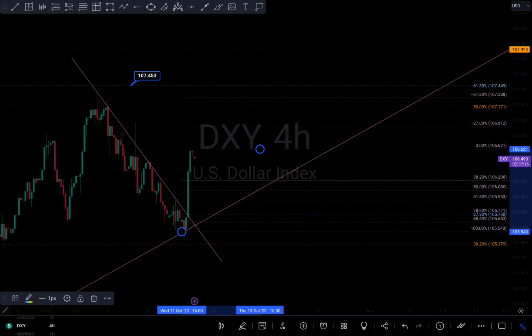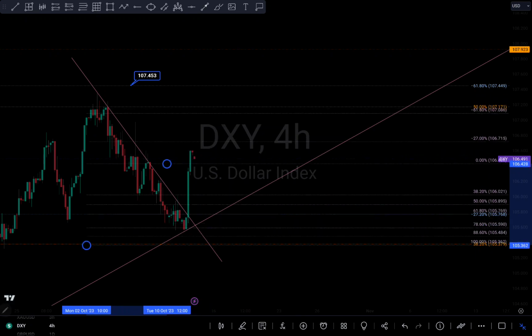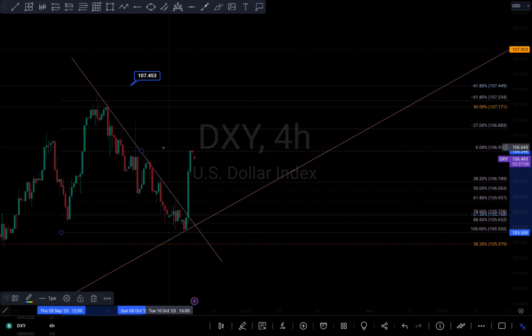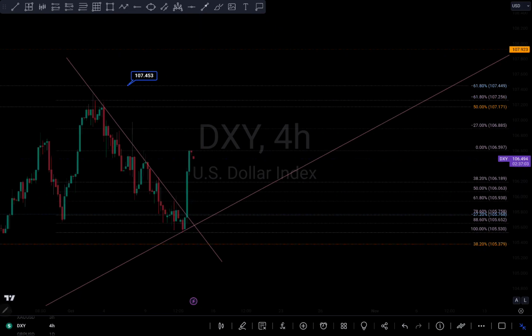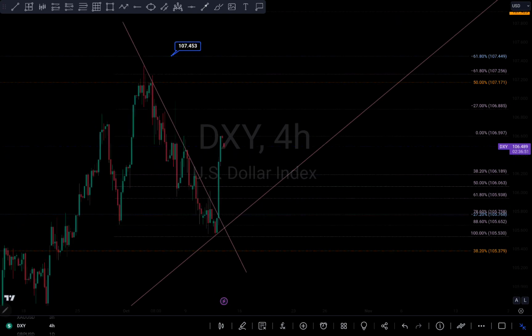Okay, let's see how this plays out. So right around here, I think we might push down to this area right here, which is my 78.6% fib level, before we now continue to push to the upside, and my target to be around this level right here.